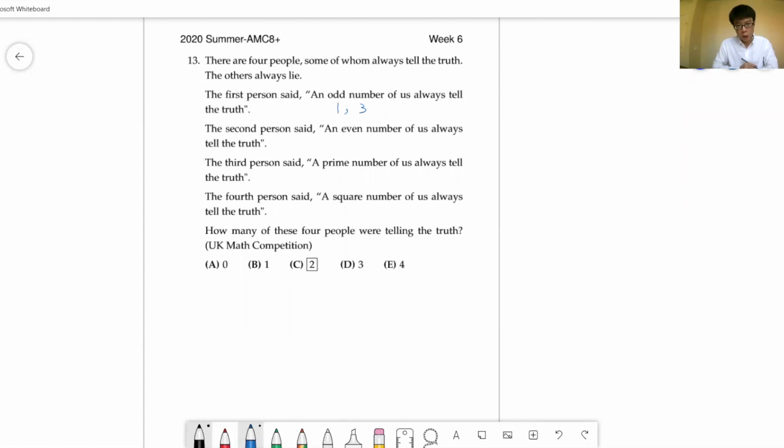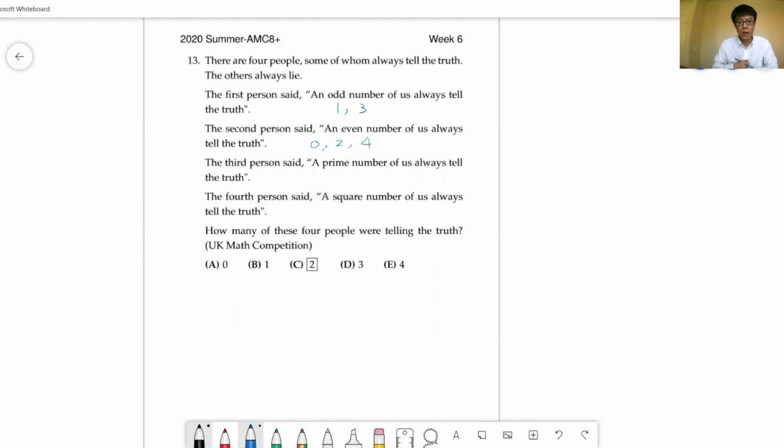Now let's consider the second statement. The second person said an even number of us always tell the truth. That means we could have 0, 2, or 4 persons telling the truth. And we see that 1 and 3 are odd, 0, 2, 4 are even.